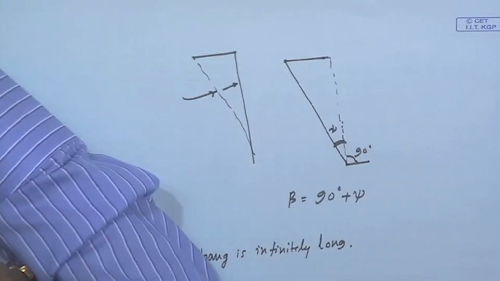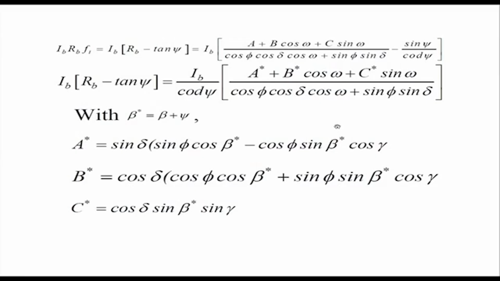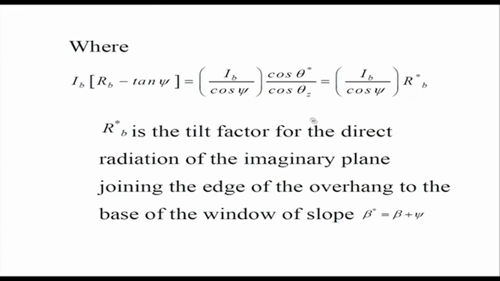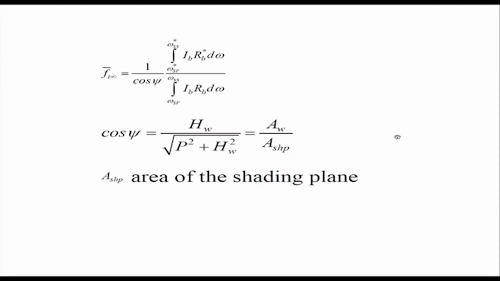These are the standard A, B, C for your cos theta expression, A plus B cos omega plus C sin omega, which we have used a large number of times. So, this is the tilt factor for the shading plane.